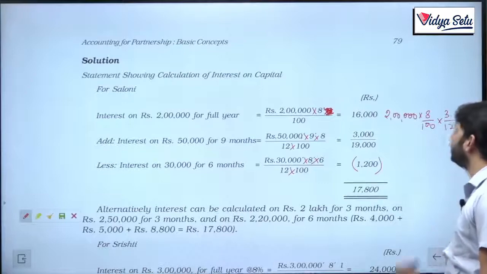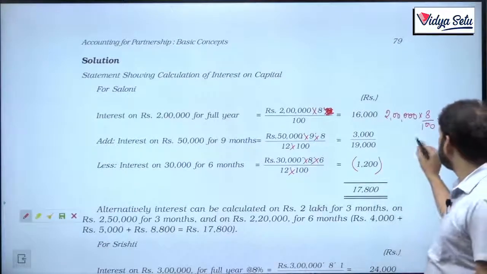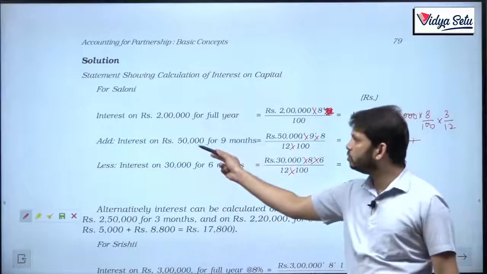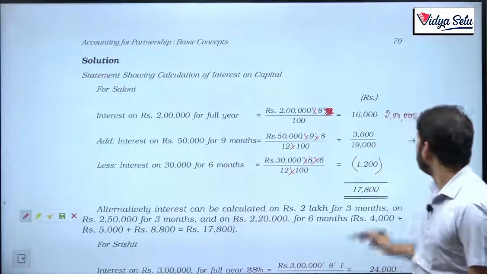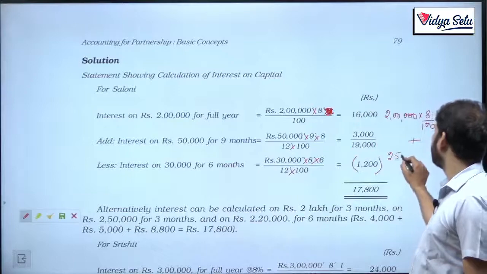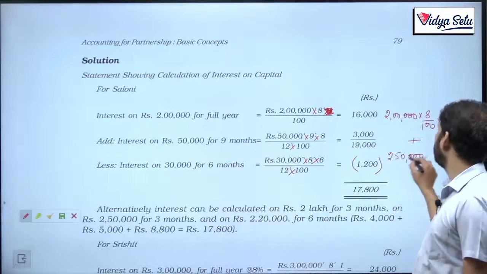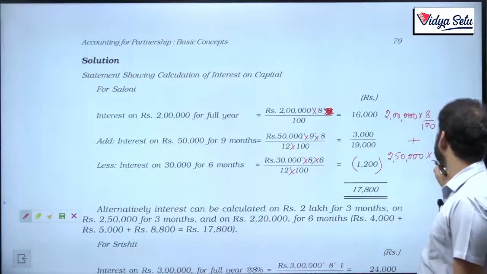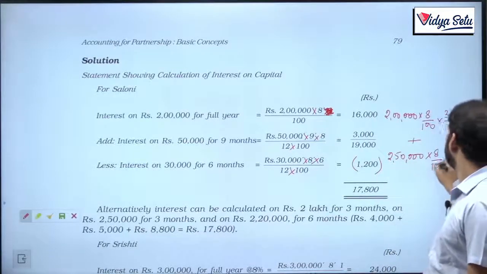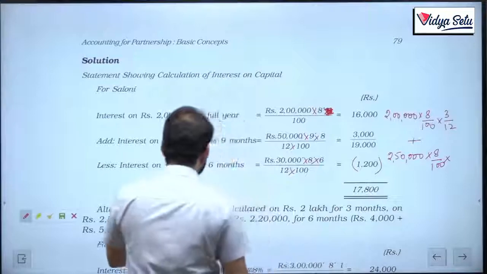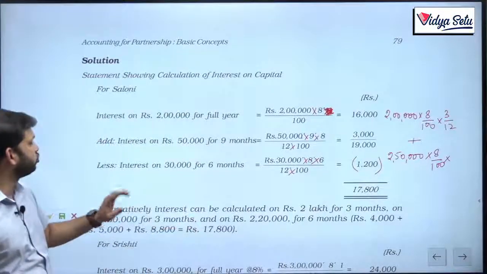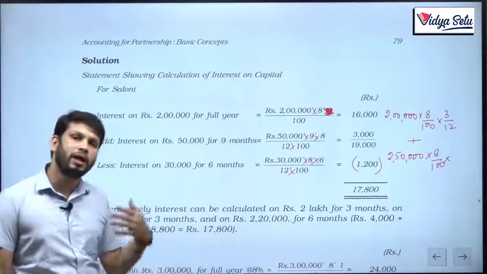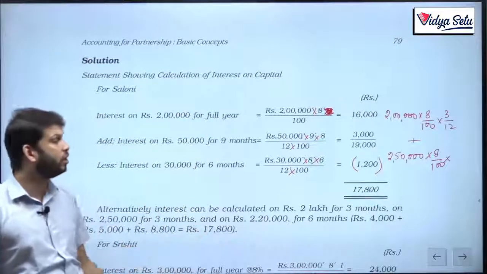Why? After 3 months, the capital changed. He brought in 50,000 more, so the capital became 2,50,000. And this capital remained 2,50,000 for the next 3 months. Why 3 months? Because on 1st of October, again the capital changed, the capital reduced.